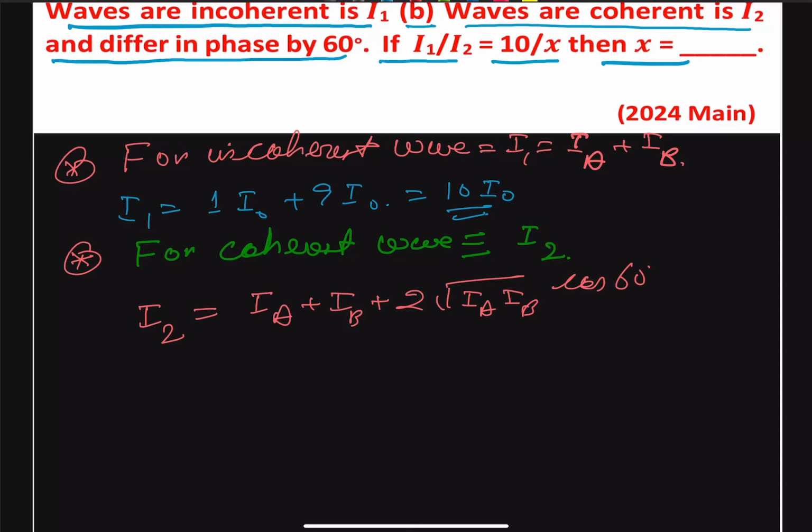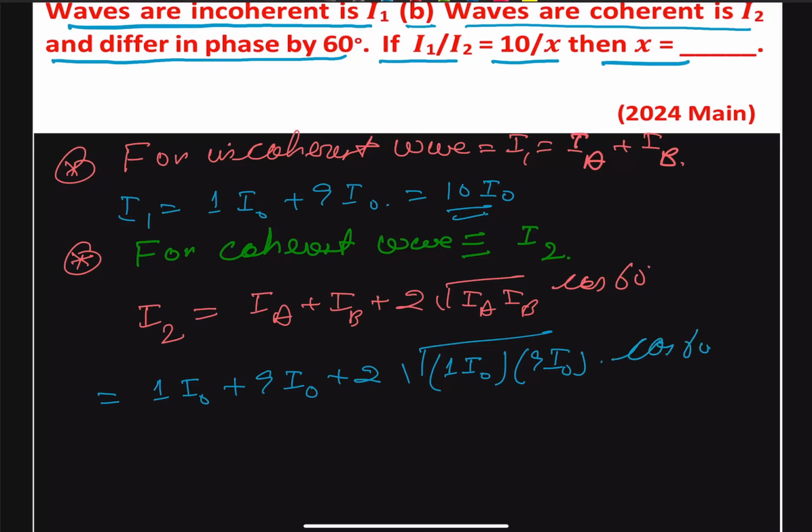So once again, IA is our I0 plus 9 I0, and twice square root of 1 I0 multiplied by 9 I0 and cos of 60. So we get that our I2 will be equal to 13 I0.